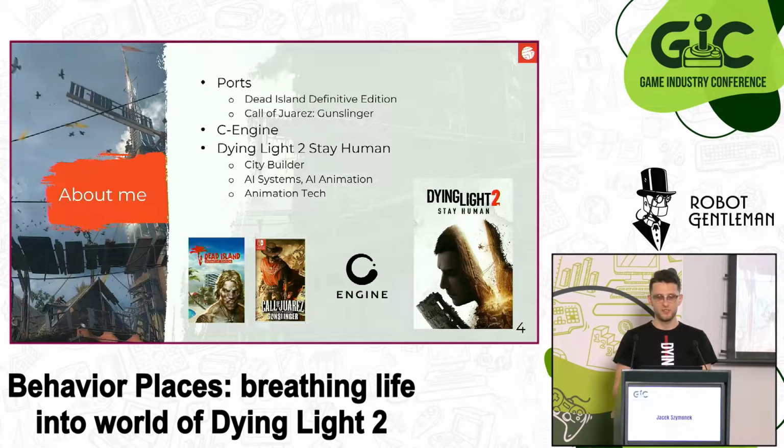When I joined the project that became Dying Light 2 Stay Human, I started in the team that created the city builder tool, which you might have heard about. And after some time, I moved on to the AI team, where I took part in building the new AI architecture for CEngine. My interest naturally gravitated toward AI animation, so much so that I finally took over the responsibility for our animation technology stack.